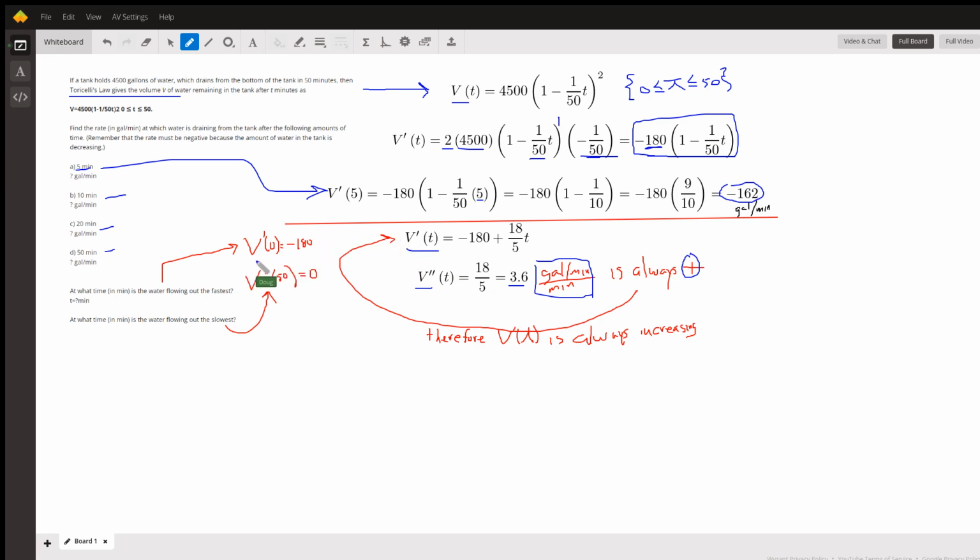Well, here's v prime of 0 right here, negative 180, and v prime of 50 is 0. And for all numbers between 0 and 50, this rate of change is always increasing. We're going from a big negative to less and less negative until we hit 0. At the point where the water is drained, there's no change.